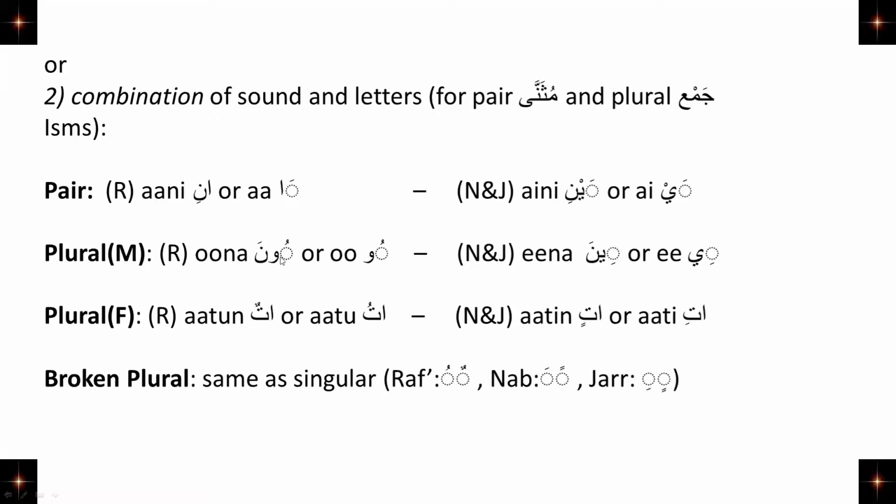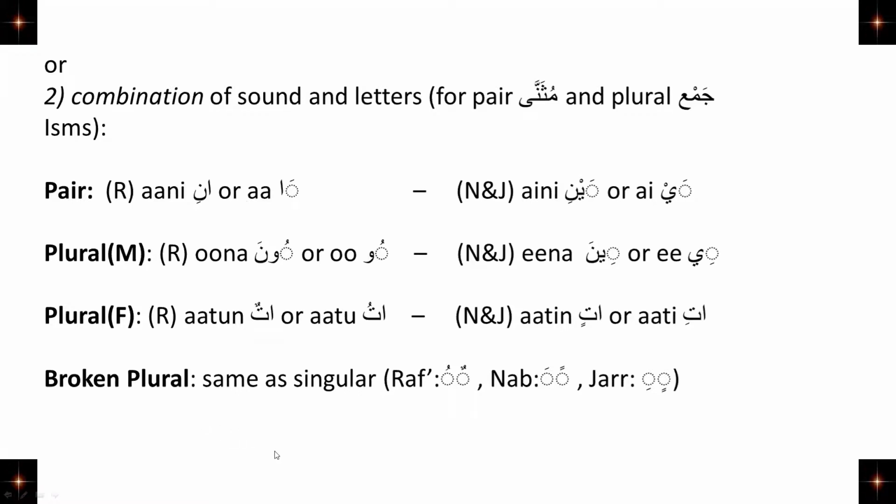So it doesn't have ending combinations in the plural form. But kitabani will have this ending. Kitabani, but in its plural is kutubun. So in its plural, it sounds more like a singular. So kutubu or kutubun, kutuba or kutuban, kutubi or kutubin. So that is because it is a broken plural.